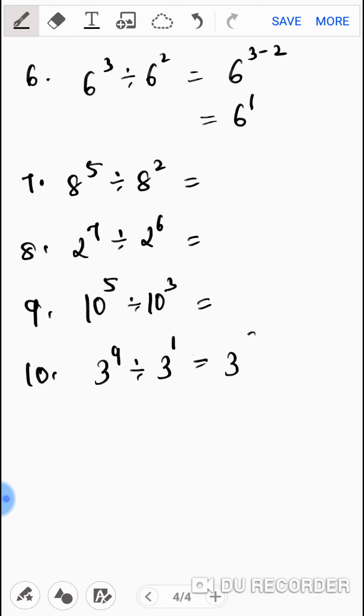Clear? That means 3 raised to 9 minus 1, that is 3 raised to 8. Clear? So whenever there is multiplication, the exponents will be added, and whenever there is division, the exponents will be subtracted. Clear? I'll jump on to the next part.